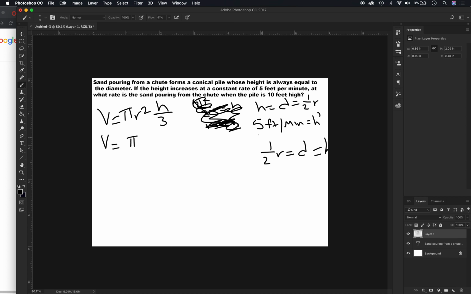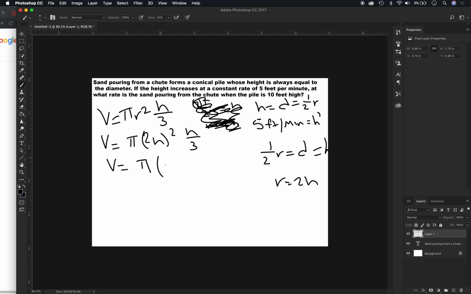And that equals h, right? So it should be that r equals 2h, right? We're gonna go with that. H over 3, whatever. So now we're just gonna solve for h, I guess.